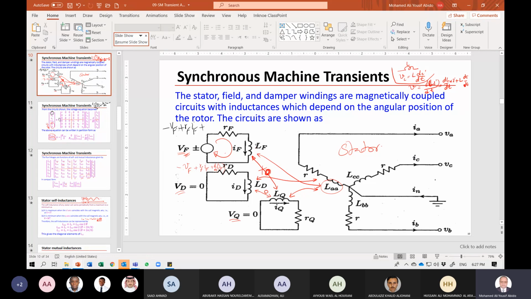But if L is varying, we can take the derivative of lambda F. This is equal to 0. This is KVL. So in this case, VF will be on the other side and these are minus again, or you can have VF positive and these will also be positive. Am I right?